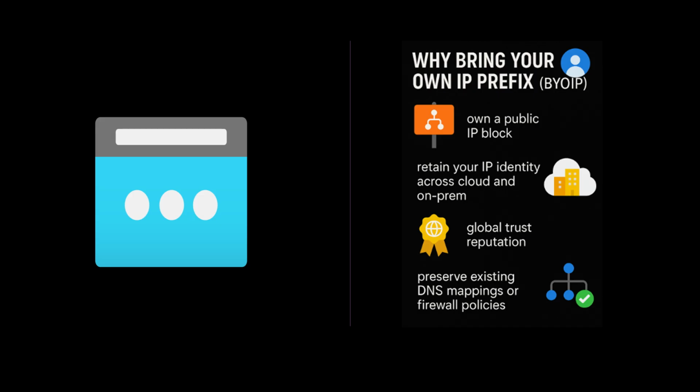Azure will work with you to validate your ownership, onboard the range, and advertise it through Microsoft's Global Edge network. Once it's set up, you can use those IPs just like Azure assigned ones, with all the benefits of Azure's routing, availability zones, and monitoring baked in. BYOIP isn't just about keeping your old IPs. It's about bringing your trust and reputation with you into the cloud.